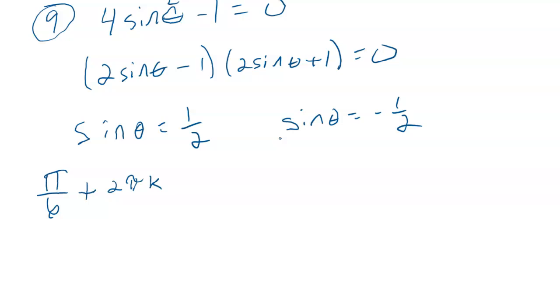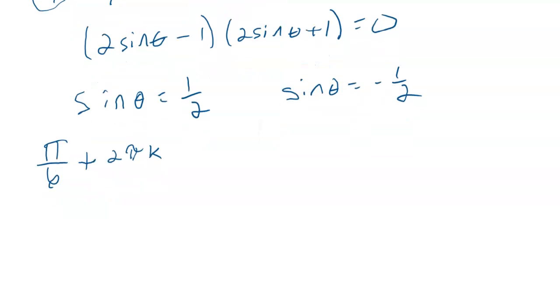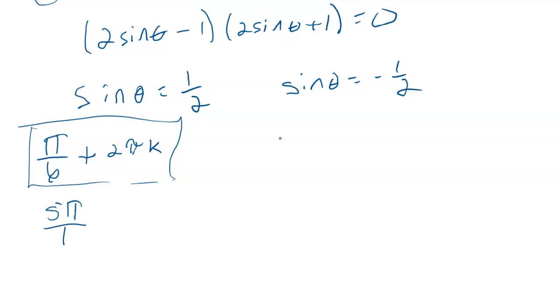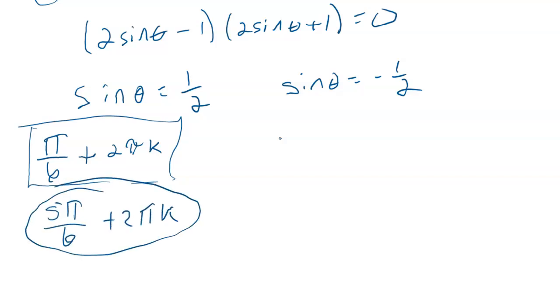So we basically add one entire circle, however many times we want. So this is one of our answers. Sine is also positive in the second quadrant, and that's 5 pi over 6 plus 2 pi k. This is another answer.